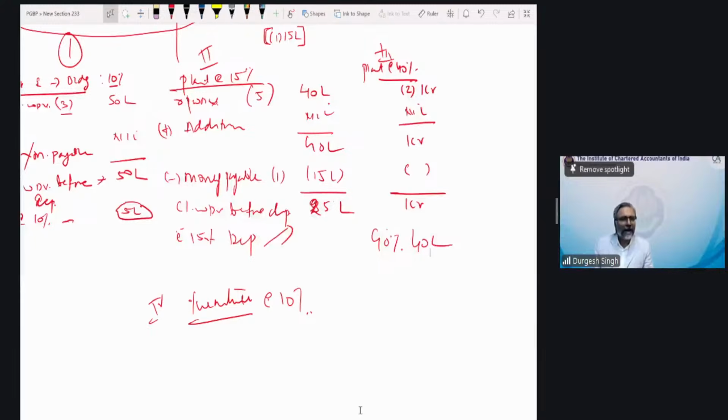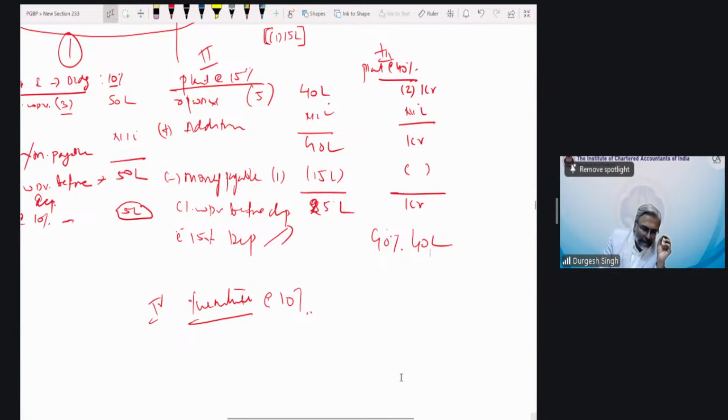And in the intangible asset category, it is restricted only to one class or one category. So intangible means you will make only one block. 25% is the rate for everyone, isn't it?